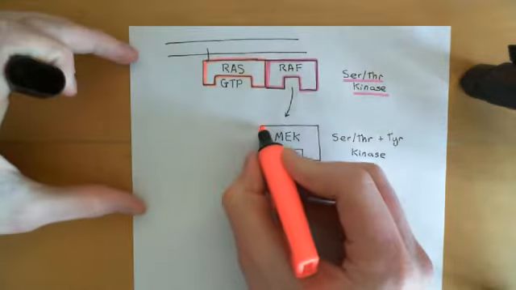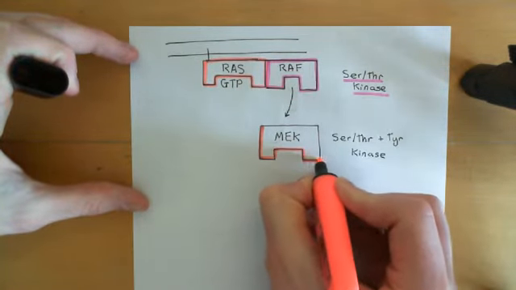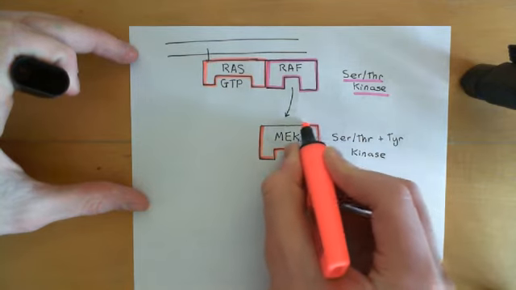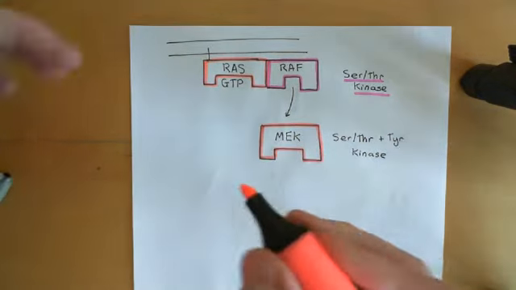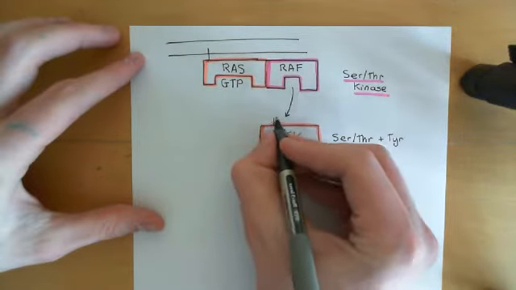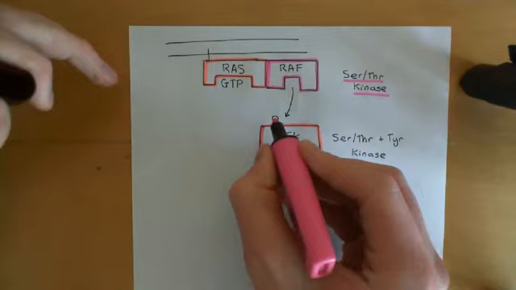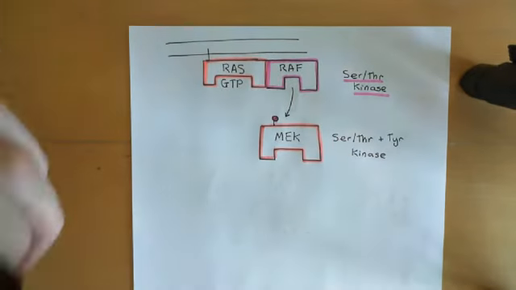Now again, just as there was not just one Ras, there was not just one Raf, there is not just one MEK enzyme, but we're keeping this general. So we will just say a Ras binds to a Raf, activates that Raf, and then the Raf is going to phosphorylate serine and threonine residues within the MEK enzyme. Okay, so here we go.